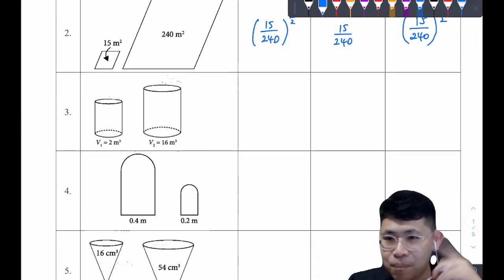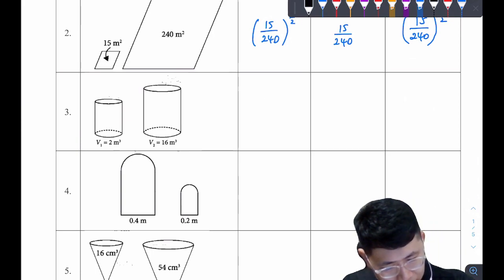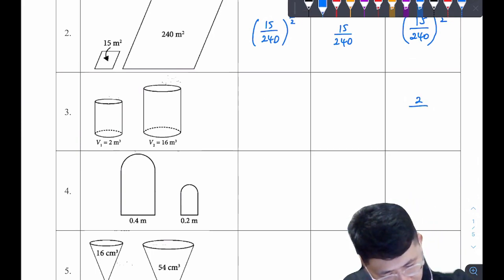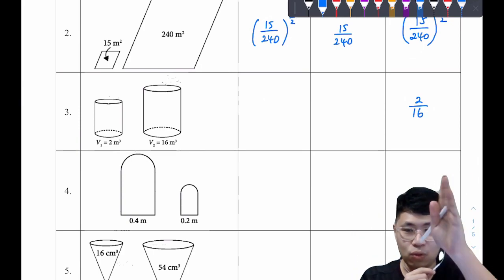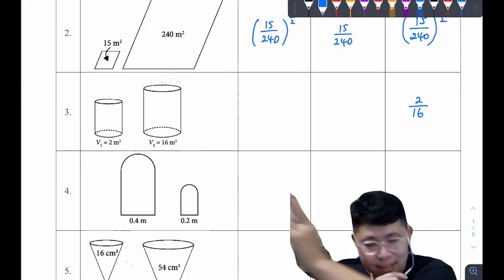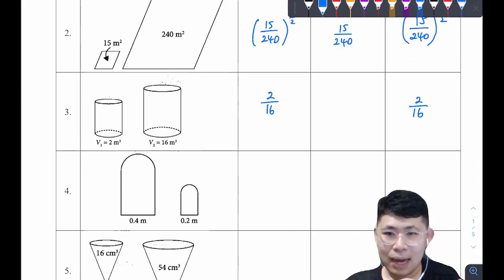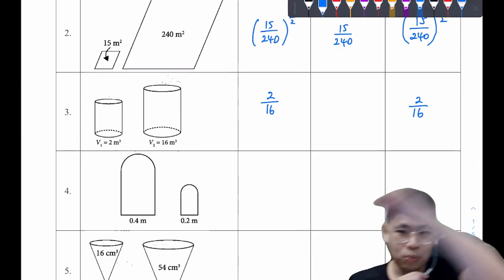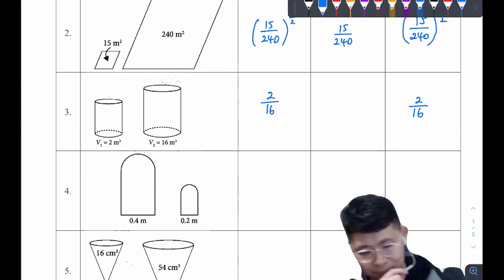For part 3, we have the ratio of the volume. The ratio of the volume is 2 to 16. The reference point that we can get from 2 over 16 is the length, right? The length will also follow 2 over 16, but because we cube the length to get the volume, from the volume we cube root to go back to the length.